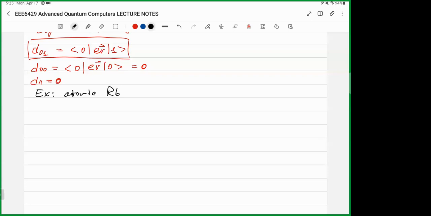So these atoms are not that good for quantum applications, I mean, applications in quantum computing, for a number of reasons.